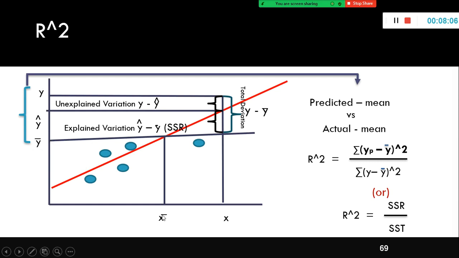If you join both the x and y average values, it will be like this. At the intersection of both the x and y mean values, this line emanates. This is nothing but your regression line or prediction line.